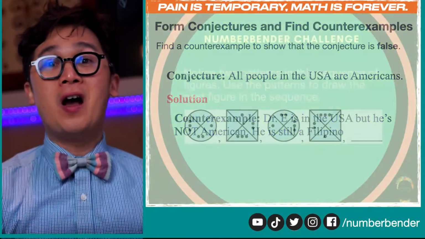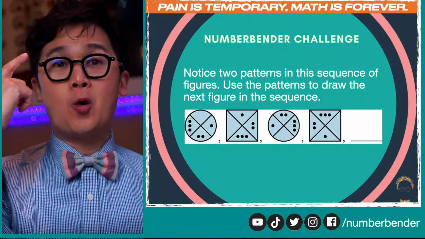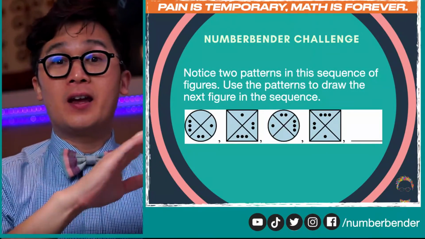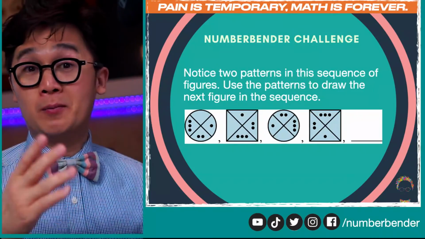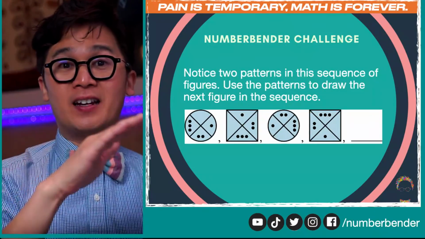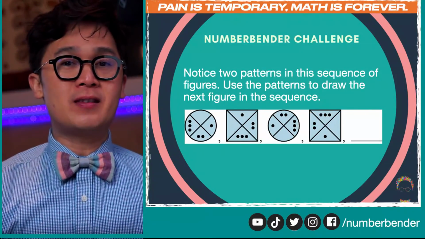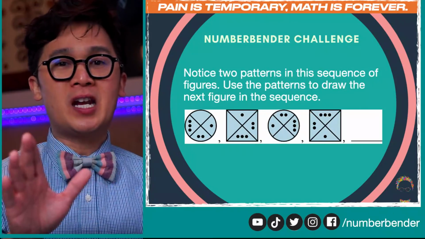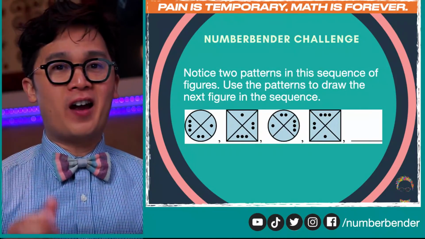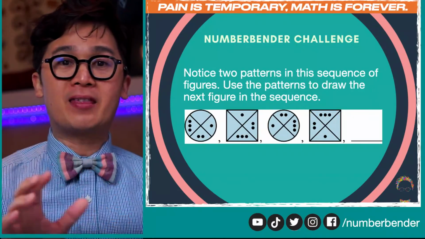And this is how counterexamples work, how conjectures work, and how inductive reasoning works in geometric problems similar to what we have seen in our lesson. So our Numberbender challenge for today is: what do you think is the next pattern in this particular sequence of shapes and dots, based on the way of thinking that you are using in mathematics?